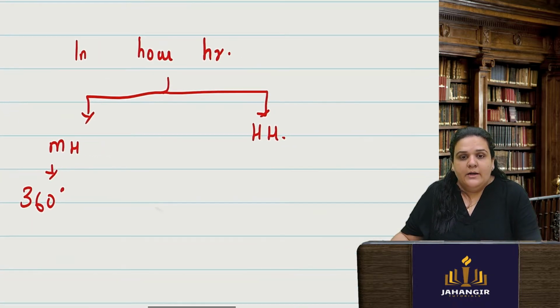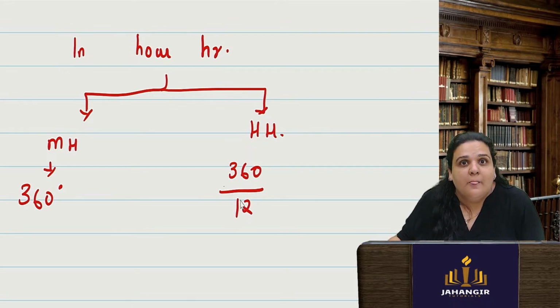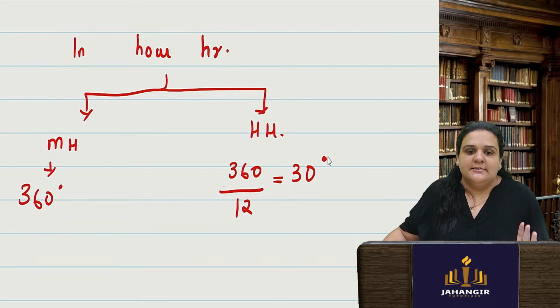But the hour hand is going to move 360 divided by 12 hour spaces. It is going to be 30 degrees. So in 1 hour the hour hand will move by 30 degrees, and the minute hand will move by 360 degrees. Done?